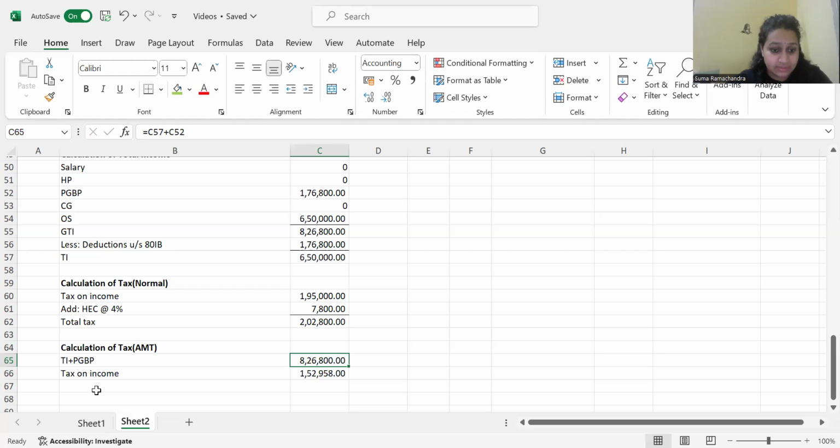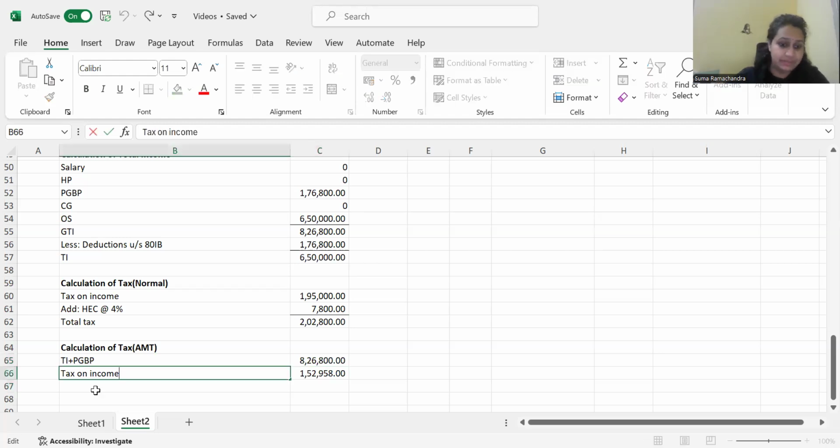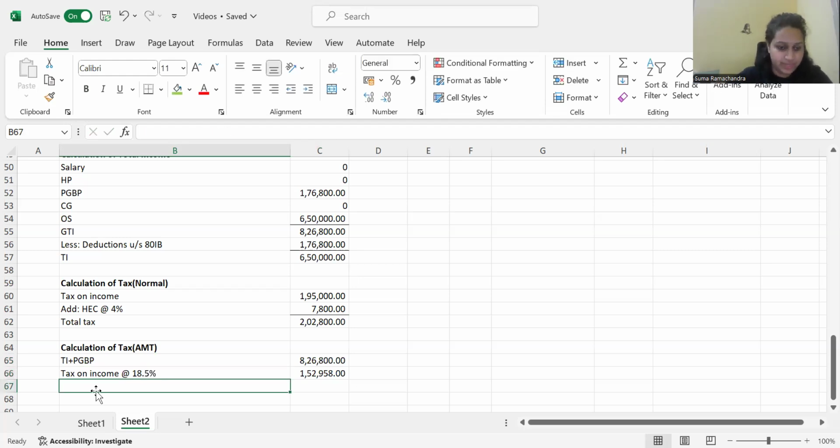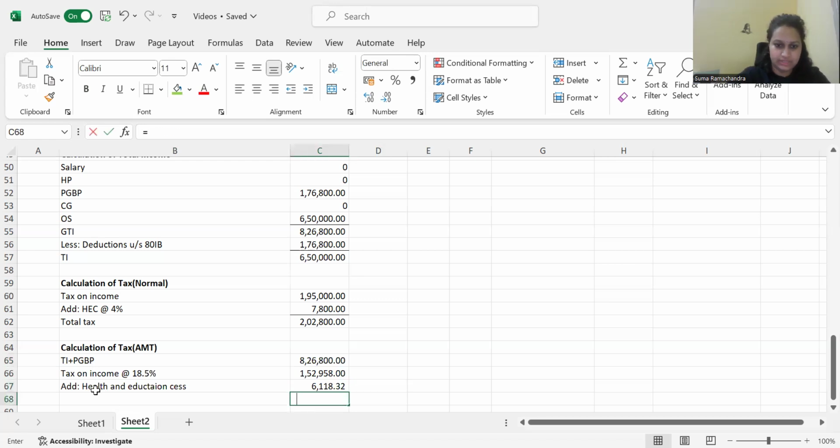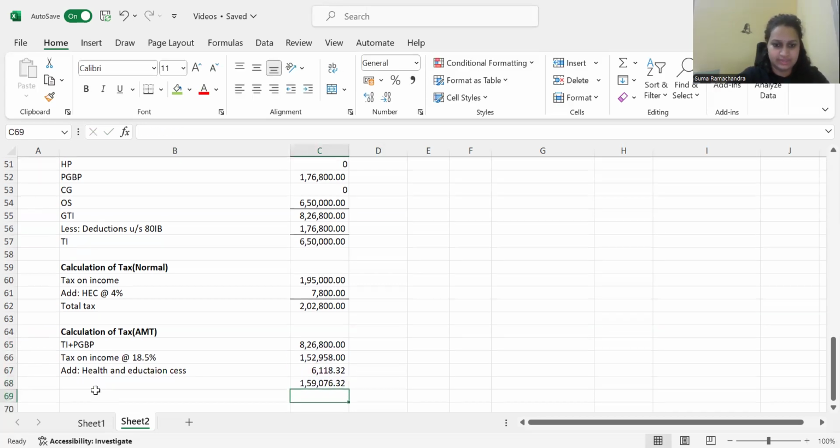So at the rate of 18.5%, once you do this, I'm going to add health and education cess, that is this into 4%. Once I do these things, I'm going to add up this as well as this.